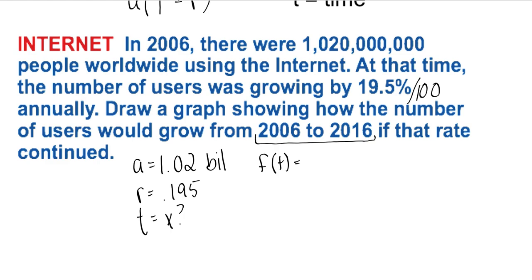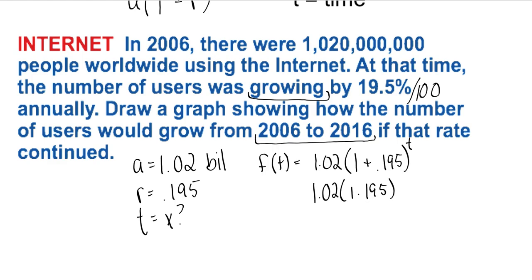We have our a, 1.02, times 1 plus, because we're growing, that tells me it's a plus, 1 plus 0.195 to the t power. This is what I would use to get my graph. And you can change this to 1.195 just to make it a little bit nicer in your calculator, but either way will work.